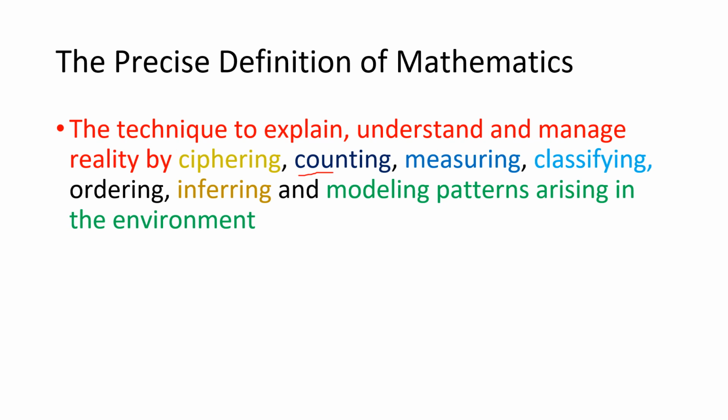Now, counting. Everybody counts, everyone measures, everyone classifies. We all order and we infer. So the definition of to infer, like an inference, and model patterns arising in the environment.